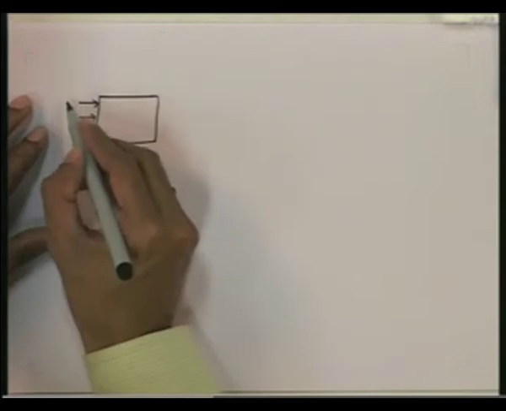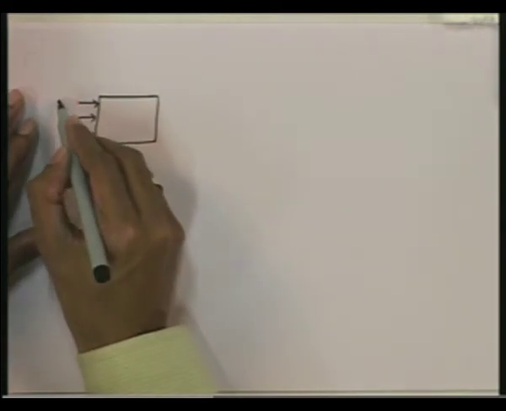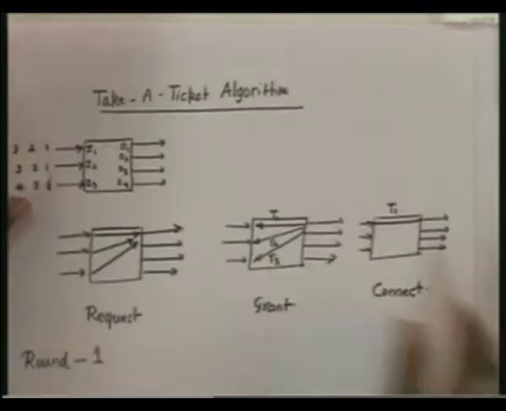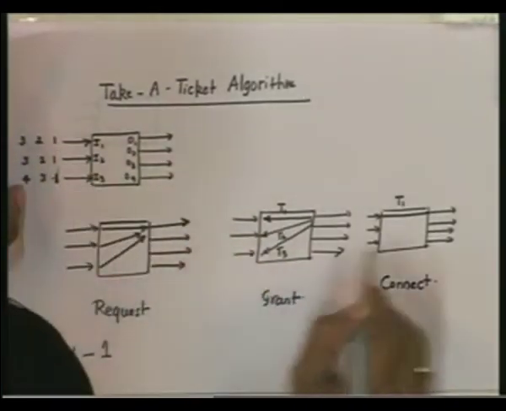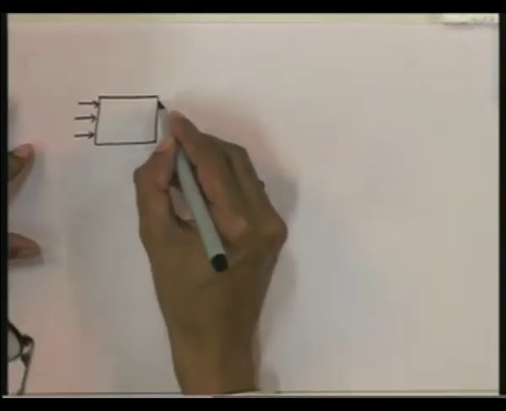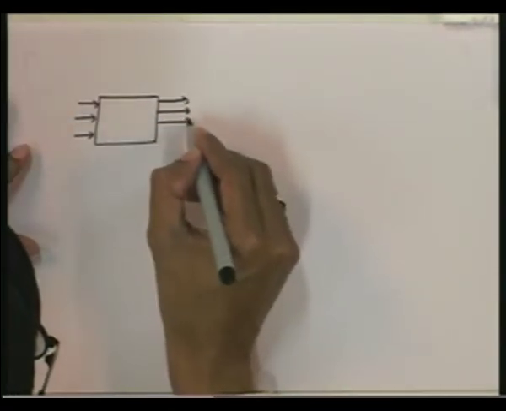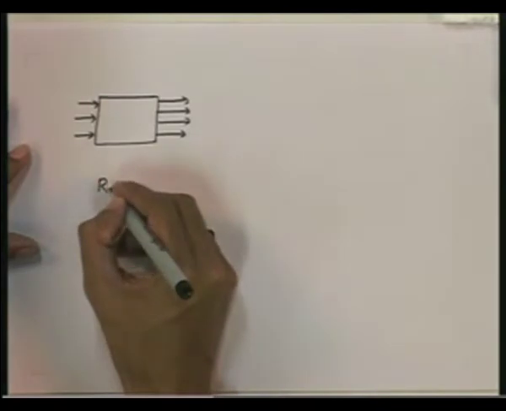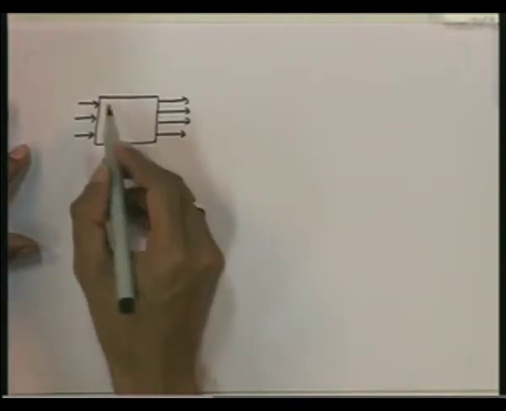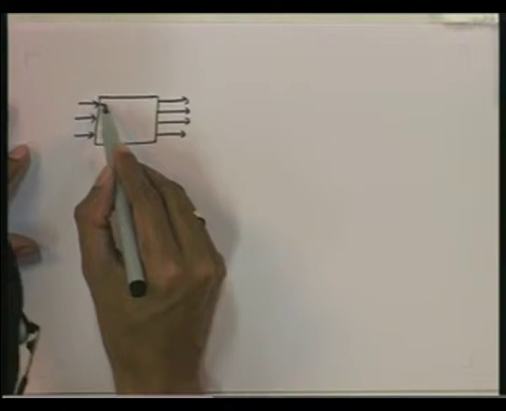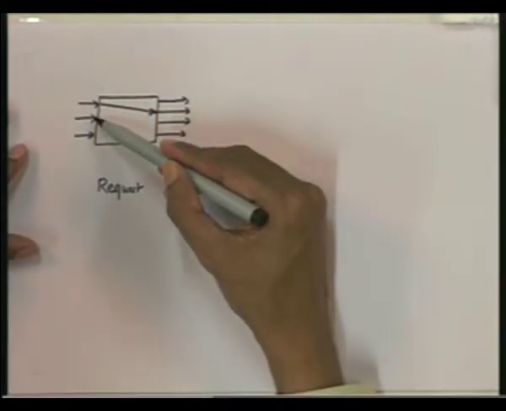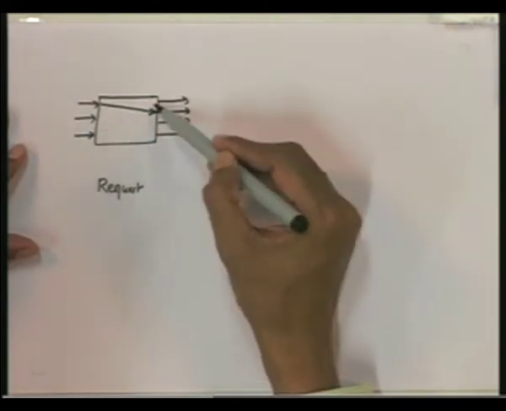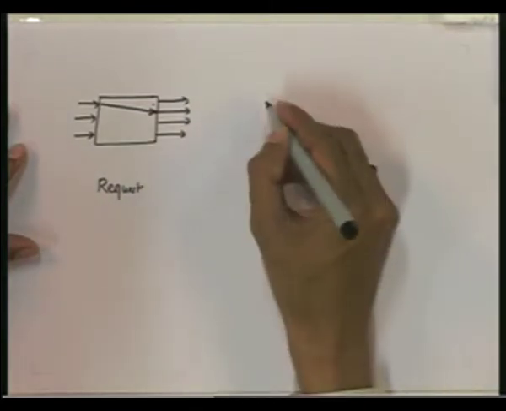Now it has a packet which needs to be sent to output port 2. So this is the request phase, and input port 1 sends a request to output port 2. Note that input ports 2 and 3 cannot send requests because they still have a packet to be transmitted to output port 1.